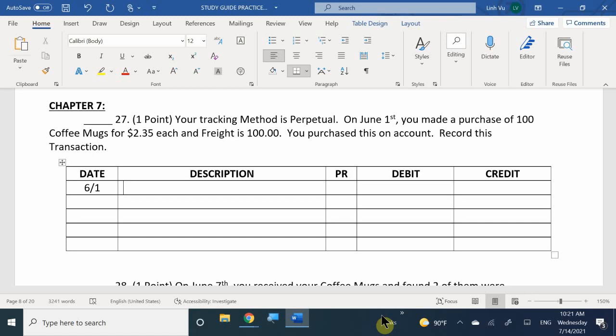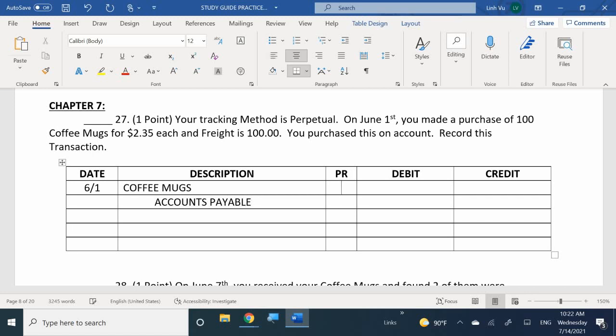Coffee mugs. So in this case, you could do coffee mugs. If you say inventory, I will accept that as well. But again, it's straightforward. So coffee mugs, and what is going to be my credit account? It's on account. Accounts payable, right? Because we owe a vendor on an account.